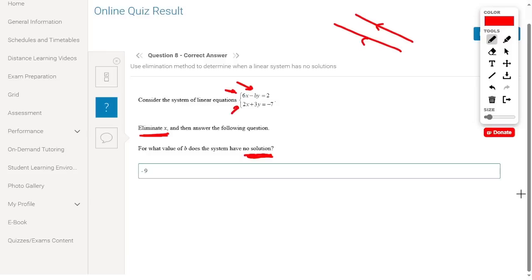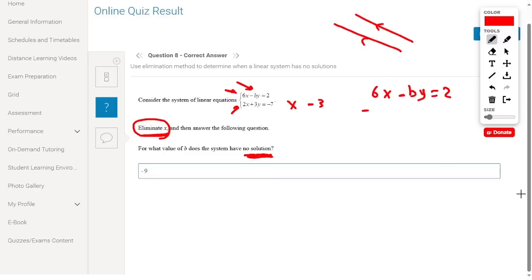So to make the coefficient same, and then when we add these two equations, x will be eliminated. So we'll multiply this equation both sides with minus 3. So here we have 6x minus py equal to 2. And here we'll multiply with negative 3.